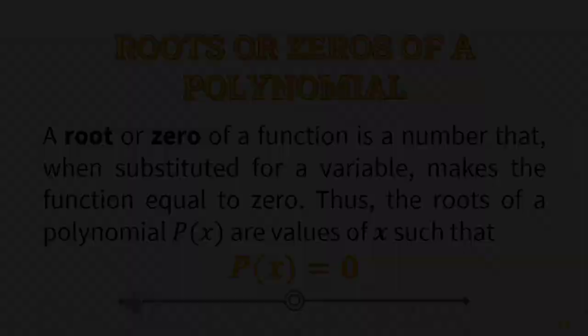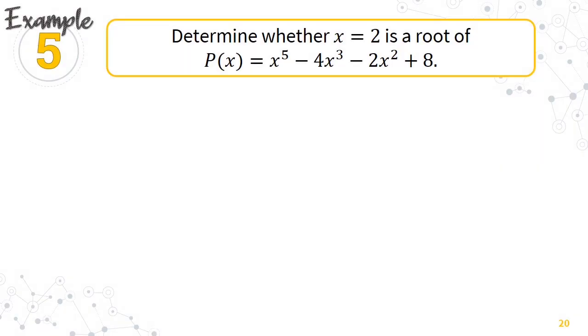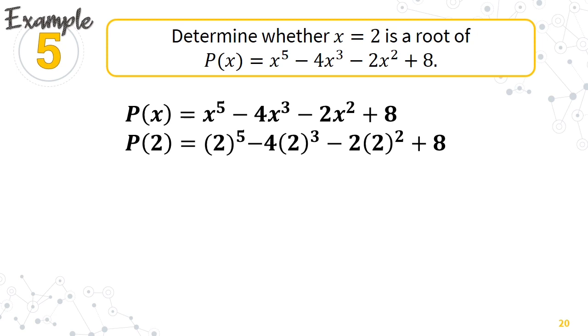For example, determine whether x equals 2 is a root of p of x equals x raised to 5 minus 4x cubed minus 2x squared plus 8. To solve this, we will evaluate the given function at x equals 2. Substituting 2 for x, p of 2 is equal to 2 raised to 5 minus 4 times 2 cubed minus 2 times 2 squared plus 8.